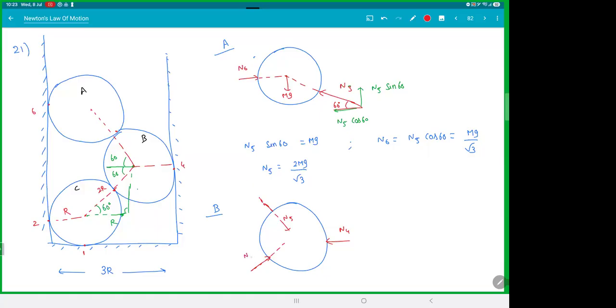This would be N3. This would be mg. Resolve them into components. This is N5 cos 60, N5 sin 60, N3 cos 60. Yeah, it's just a little long. N3 sin 60.